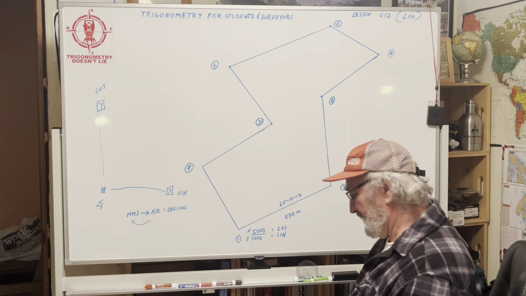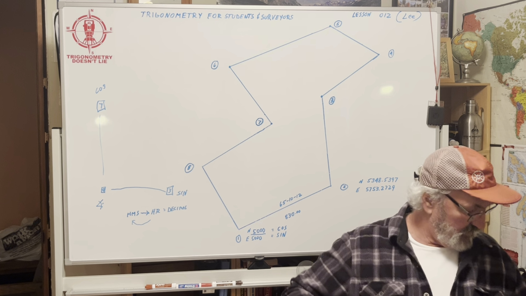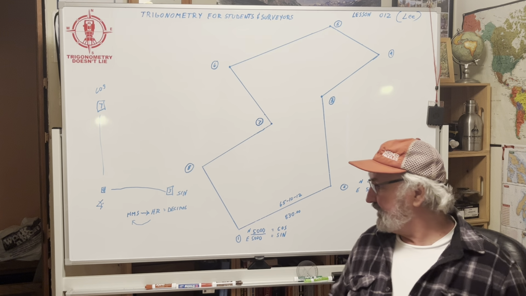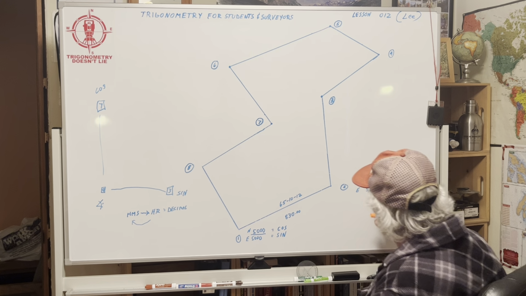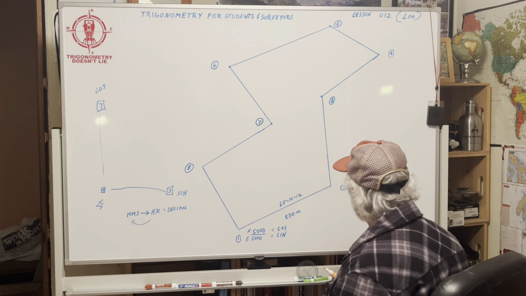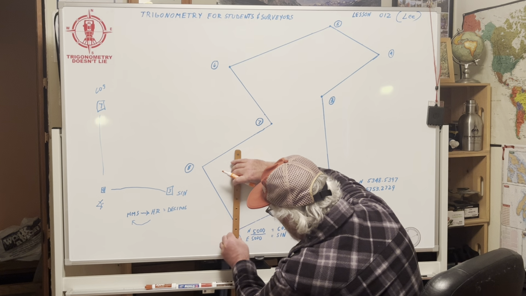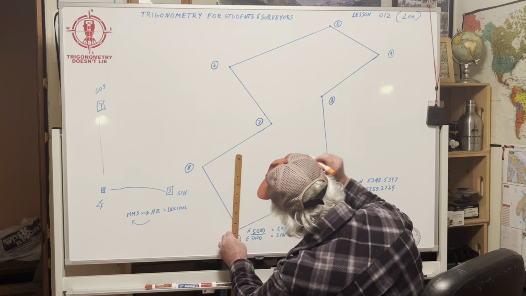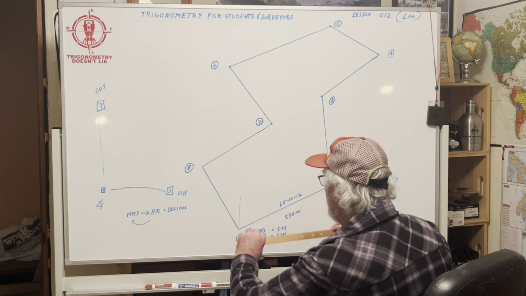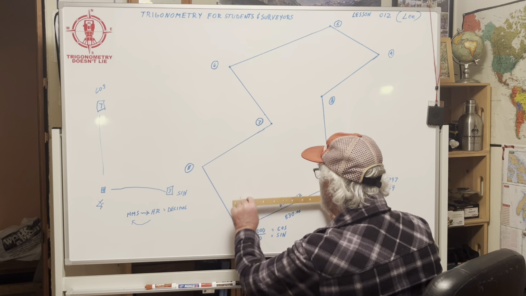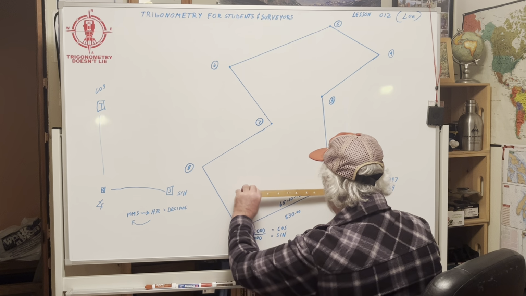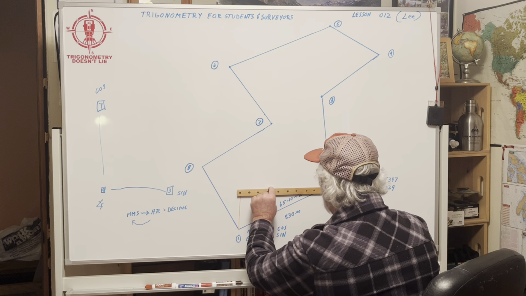But what have we done here? We've gone 348 north and 753 east. Because we've used cosine, we've done this, and that's the north, and then we went east.